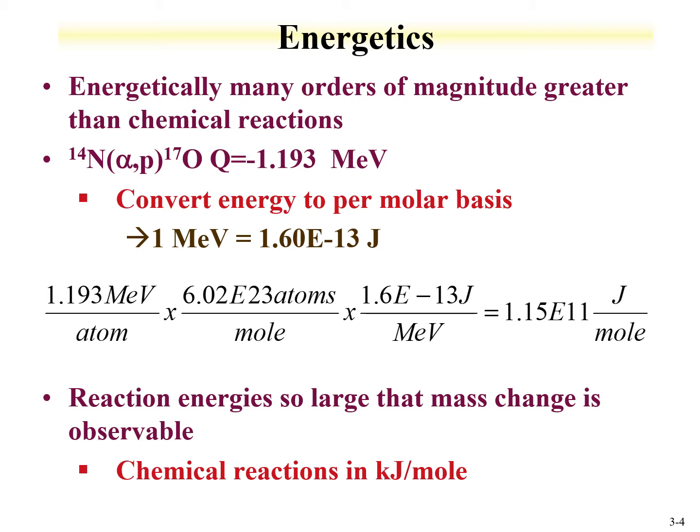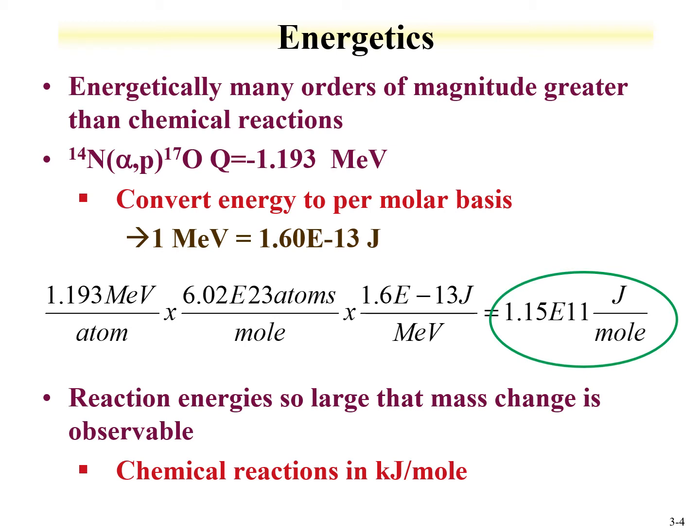Now to describe this sort of reaction, we can talk about it on a per molar basis, so we can compare it with a chemical reaction. We use a conversion of 1 MeV equals 1.6 times 10 to the minus 13 joules. Converting from MeV per atom to joules per mole, we see this reaction winds up being on the order of 1 times 10 to the 11th joules per mole.